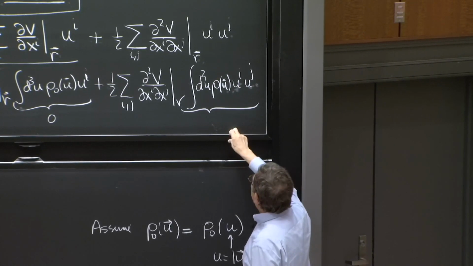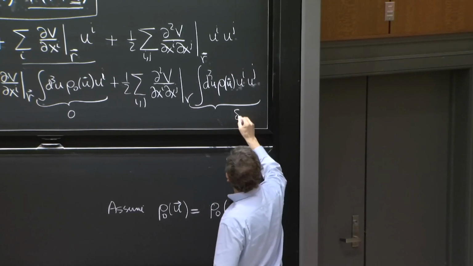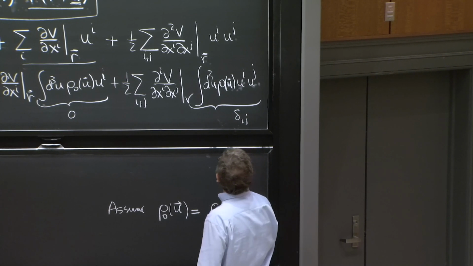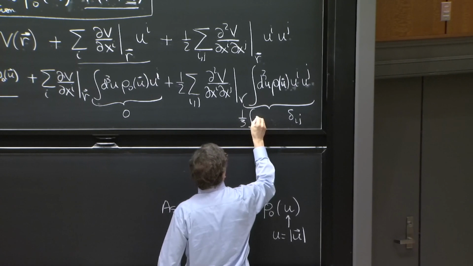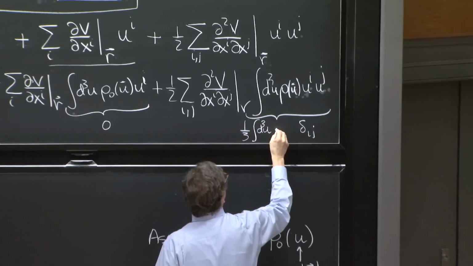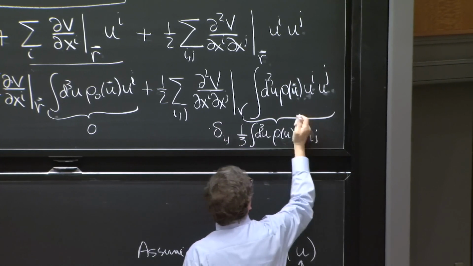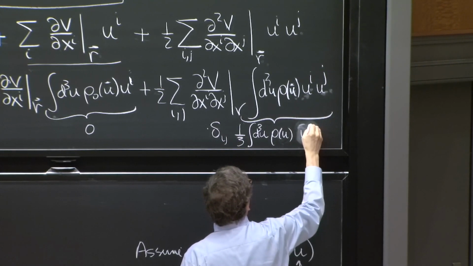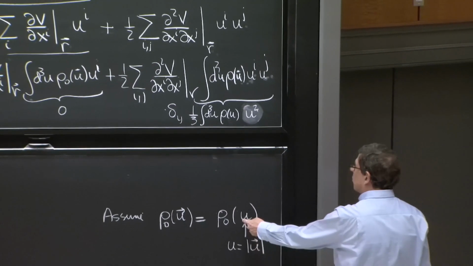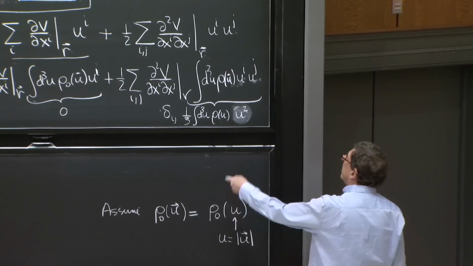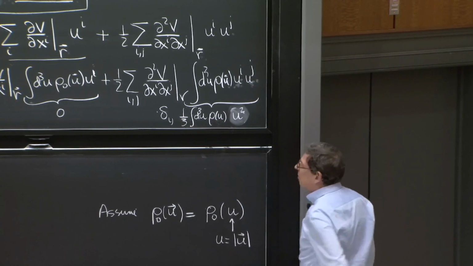So in fact, each of these integrals is proportional to delta ij, but equal to 1/3 of the integral of d cubed u, rho of u, I'll put the delta ij here, times u squared. u squared is u1 squared plus u2 squared plus u3 squared. Each one gives the same integral. Therefore, the result has a 1/3 in front.